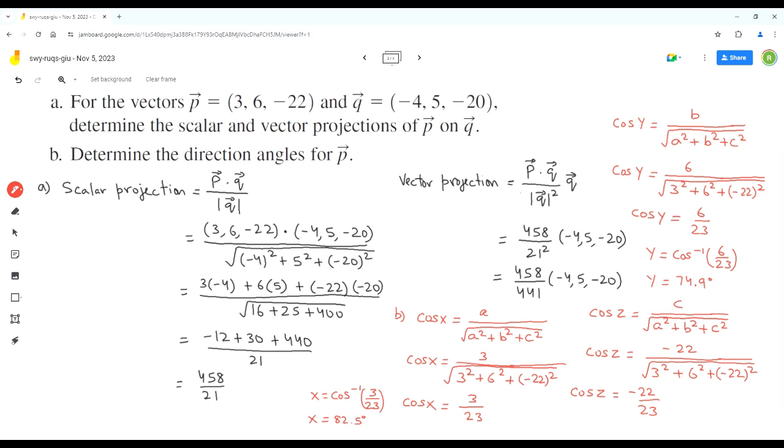Now we can do the inverse of cos. So I got z equals 163 degrees. So this is the angle vector P makes with z-axis. So these are the steps you have to keep in mind to solve a problem like this one.